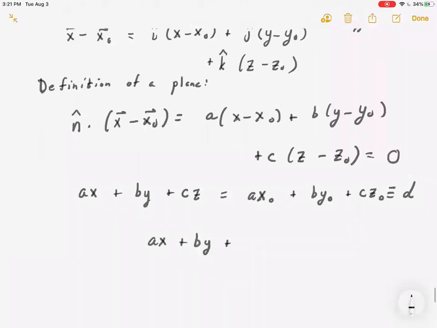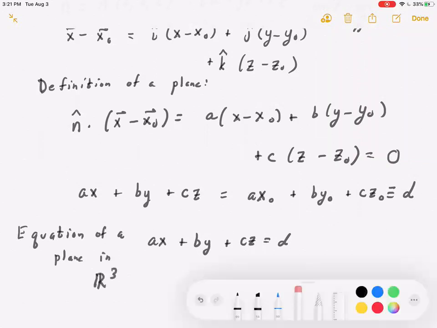So in fact, I've discovered that the equation of a plane in 3 dimensions must satisfy the following expression.